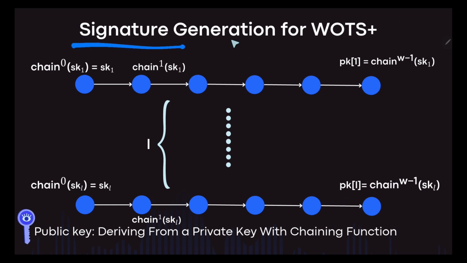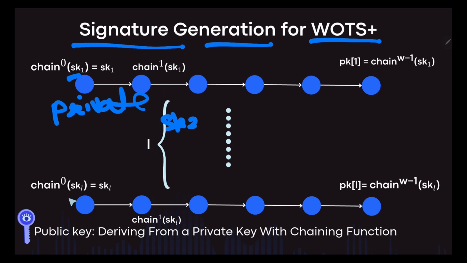Considering the signature generation of WOTS, if this is the private key, that is sk of 1, similarly this is sk of 2, and here is sk of l, applying the chaining function over here. Now what is the chaining function?